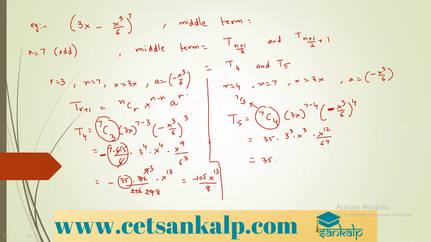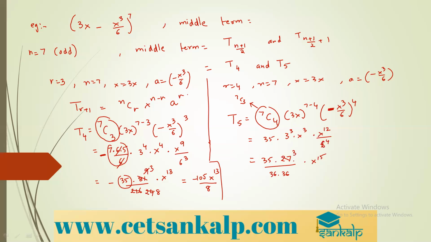Now 35. Next is 3³, which is 27, over 6⁴. Instead of writing 6⁴, I will write 36 into 36, which will be easy for cancelling. And then x¹⁵ I have.